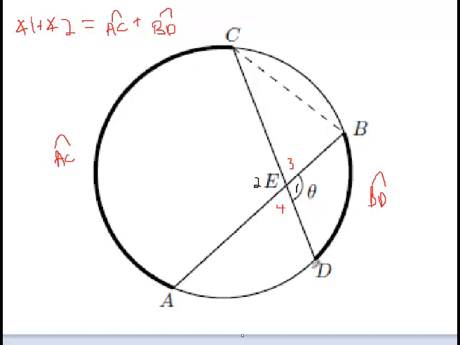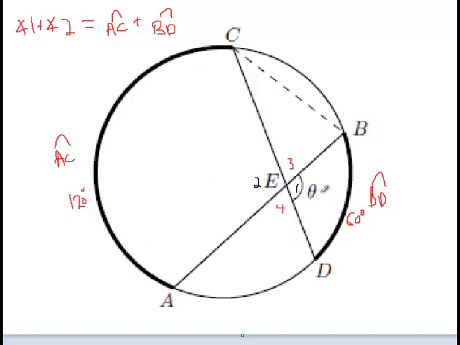Whatever arc is swept out over here, for example, let's say this arc BD is 60 degrees, and arc AC looks like 120 degrees, let's say. Let's just say, for argument's sake, that this is 60, this is 60, and this is 120.